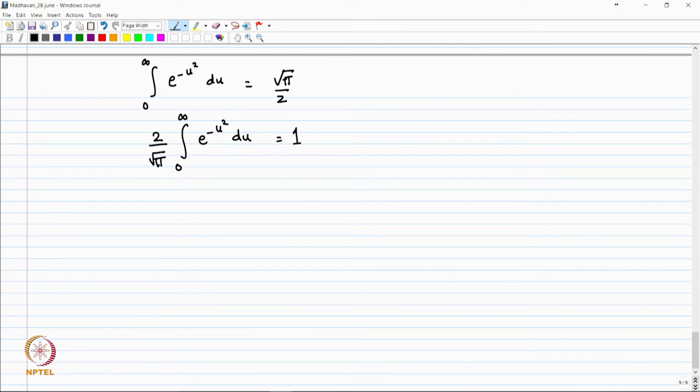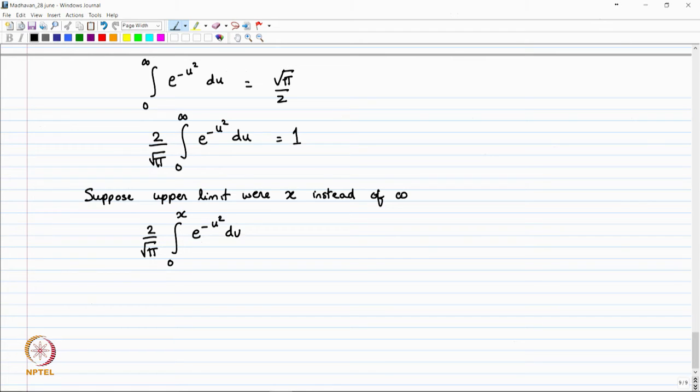Now, suppose the upper limit were x instead of infinity. So, suppose you have 2 by root pi integral 0 to x e to the minus u square du. This is a function of x. This is called the error function, ERF of x.